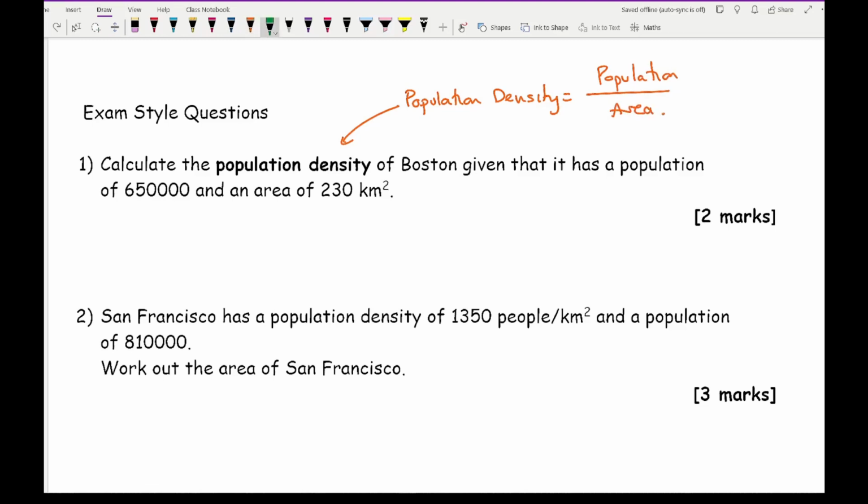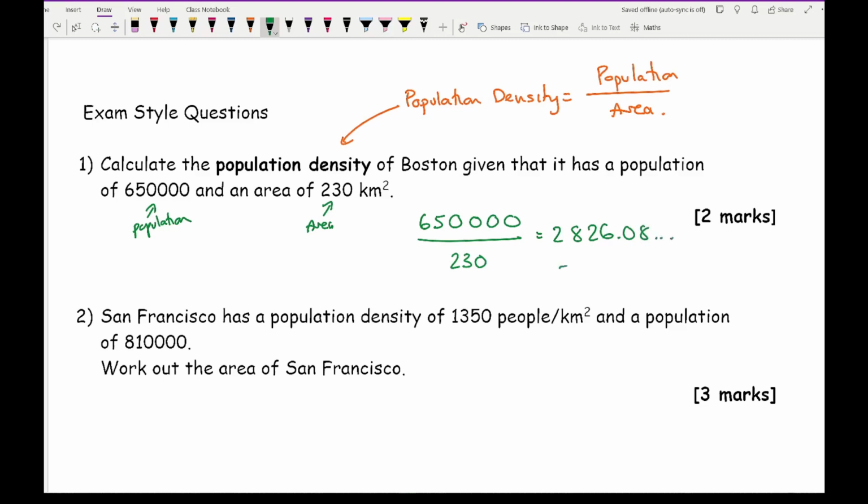Substituting the values in, I just need to divide those two numbers, 650,000 divided by 230, making sure I've got the right number of zeros. I can type that into my calculator, or if it's non-calculator, I may have to do a bit of long division, but I should have the answer of 2826.08, and it carries on.